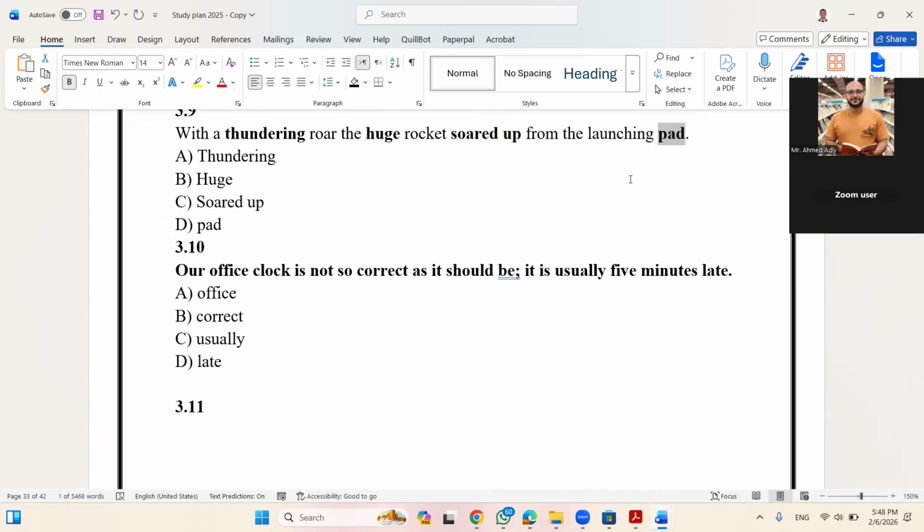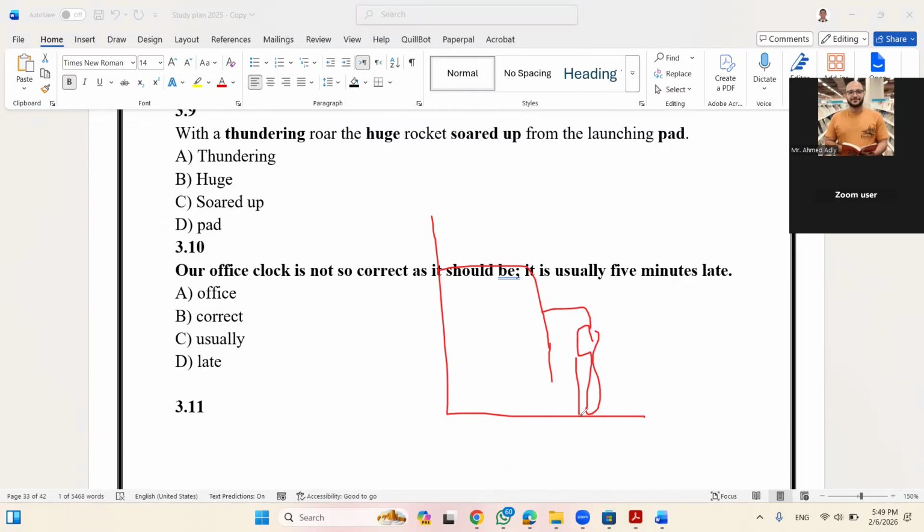Good. Let's draw. This is a launching pad, and this is the rocket. It is fixed here. So what happens? The thundering roar, I mean the noise that the rocket makes, goes up, up, up.